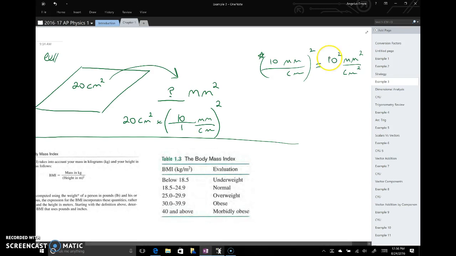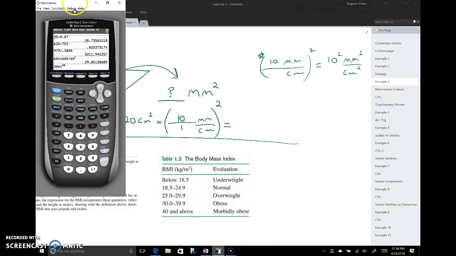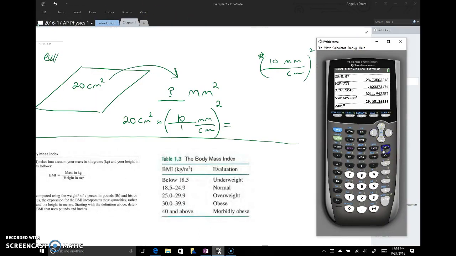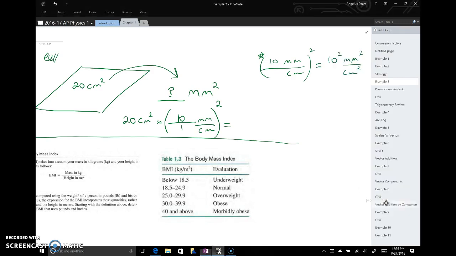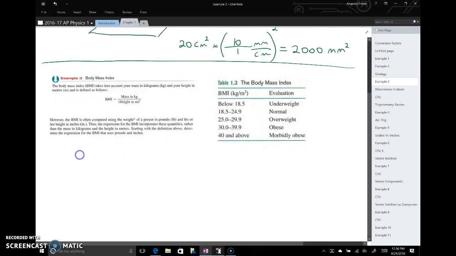And then when we type this into our calculator, we're going to end up getting 20 times 10 squared. We really could do this without a calculator, but that's fine. Now the centimeters squared is going to cancel out with centimeters squared, and we'll get millimeters squared. So this is 2,000 square millimeters of area.